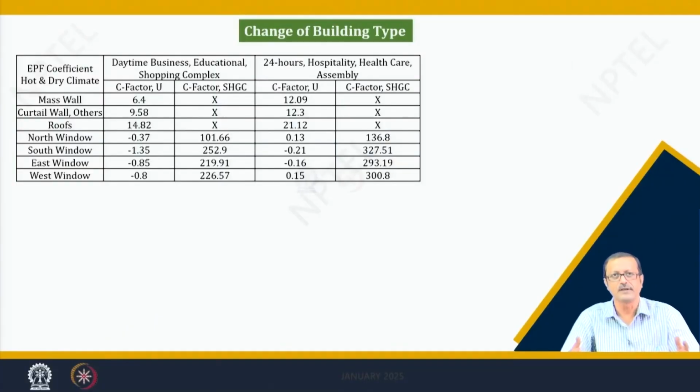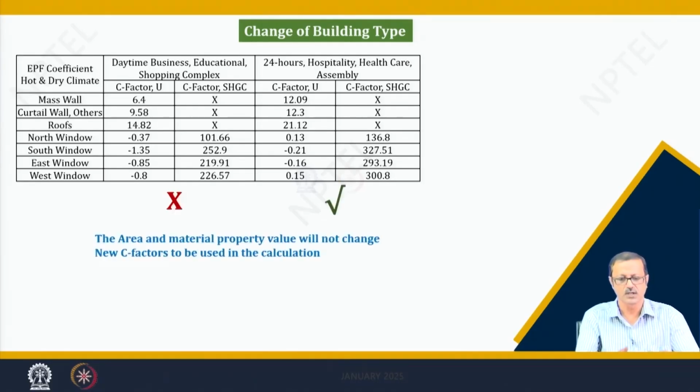So, the change of building type we just did, of course, for the cold climate. If you have the same climatic zone, you have to take the other part of the table. The table has 4 columns. The first 2 columns are for the daytime building, the U factor and the SHGC factor.